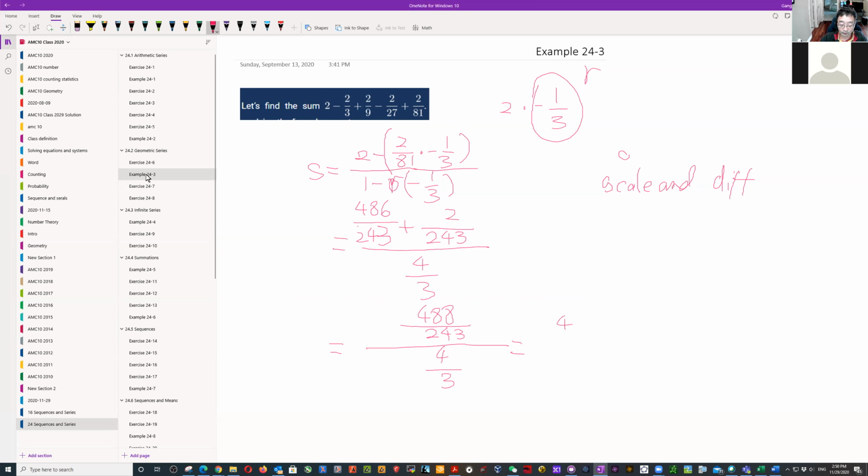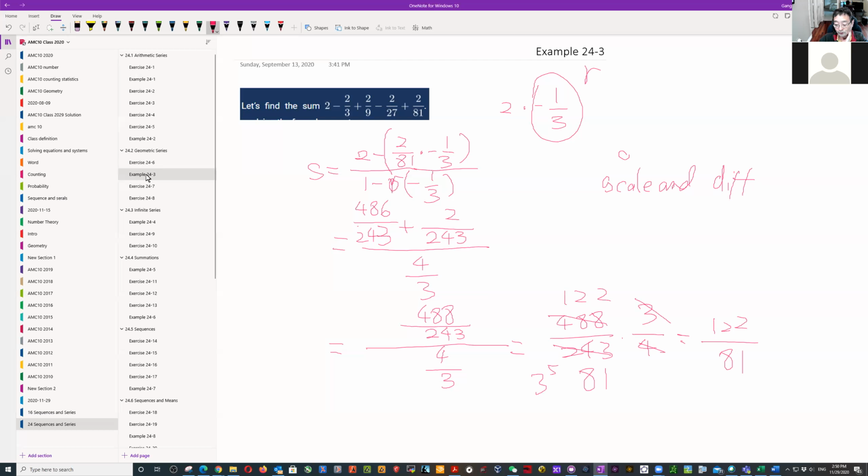And this is 488 over 243 multiplied by, dividing a fraction equals multiplying by its reciprocal, so 3/4. And this we can cancel, it's 122. And this is actually just 81, because this is 3 to the 5th over 3 to the 1st. So basically it is 122 over 81.